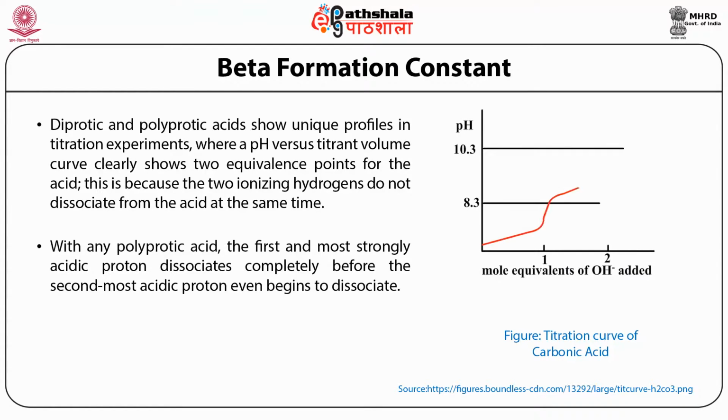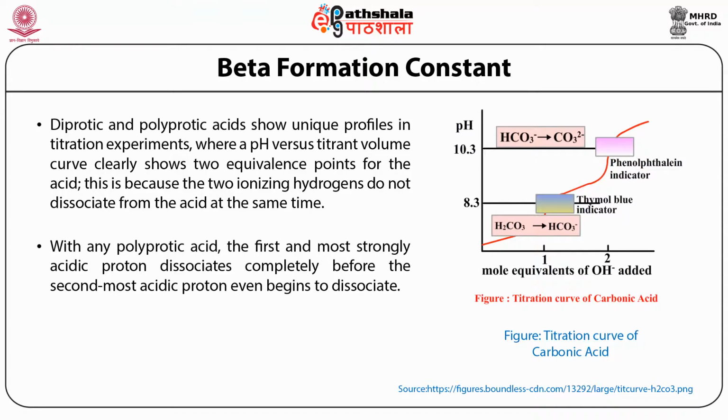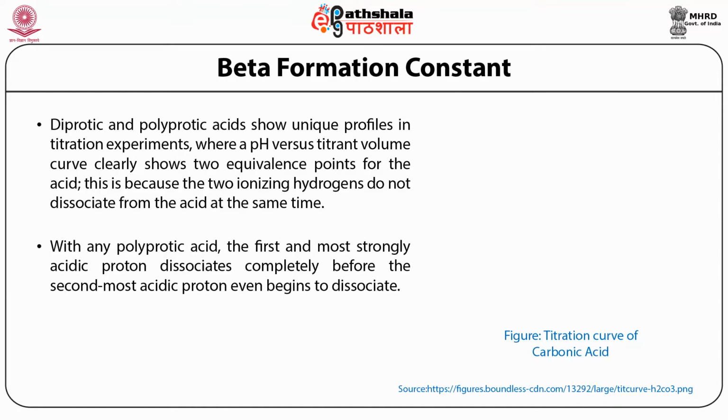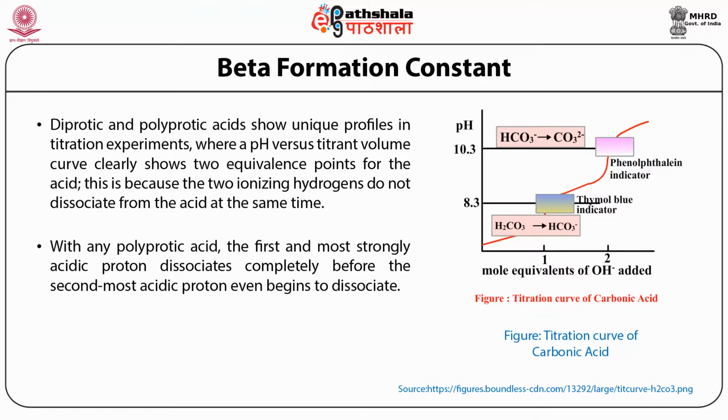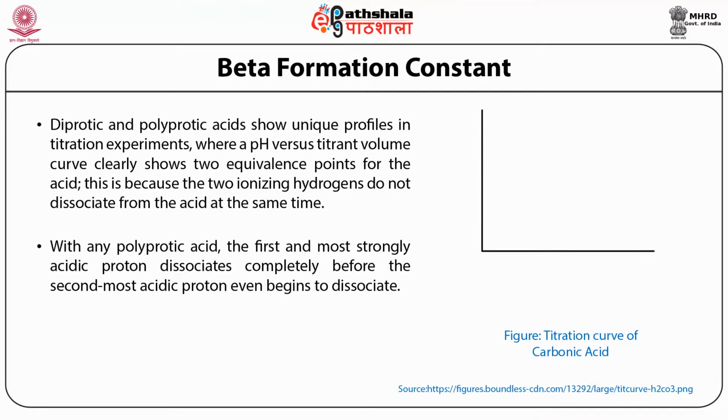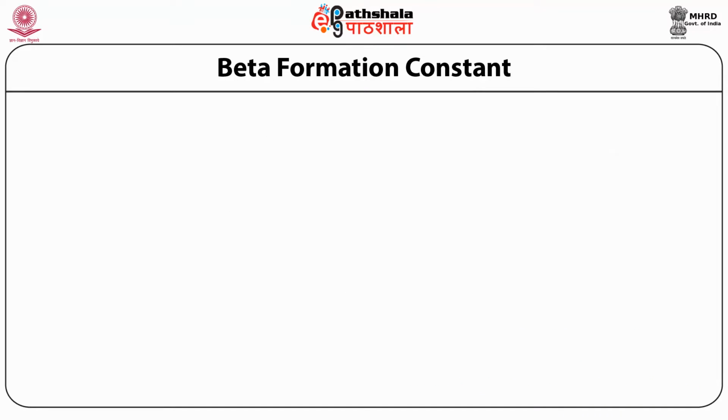The titration curve of a polyprotic acid has multiple equivalence points, one for each proton. In carbonic acid, the two ionizing protons each have a unique equivalence point. As shown in figure 2, each ionizing proton has an equivalence point, which is observed by a change in color with the help of indicators.